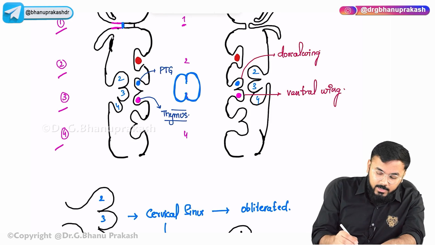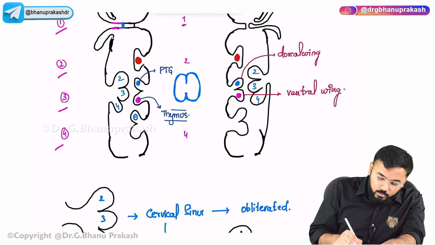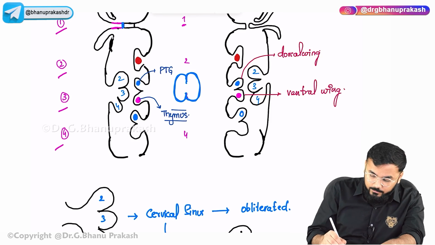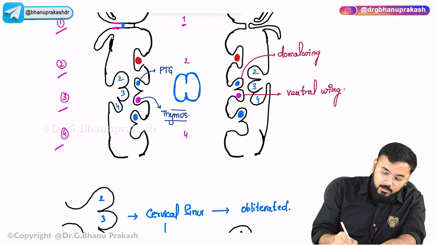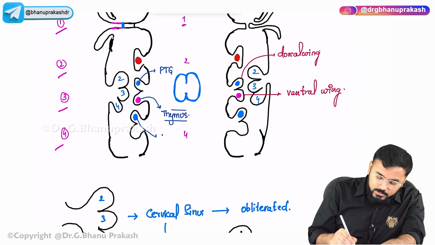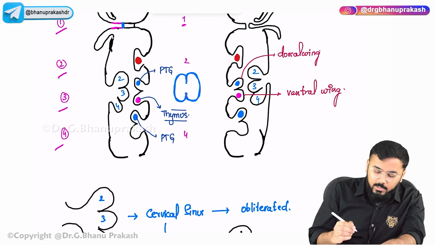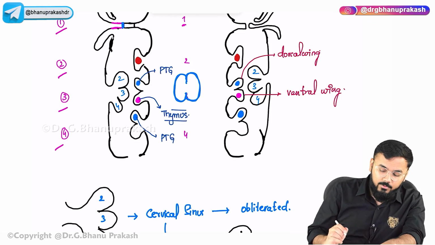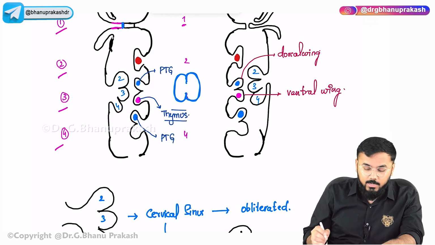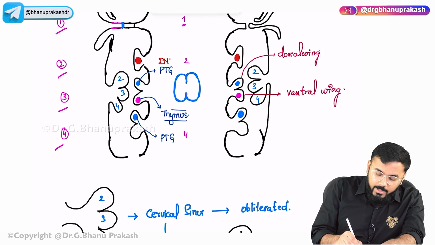After that, down here also in the dorsal wing of the fourth pouch, you will see a parathyroid gland. Now tell me, which is the superior parathyroid gland, which is the inferior parathyroid gland? Don't get confused. The top one is not superior. The top one is the inferior parathyroid gland.